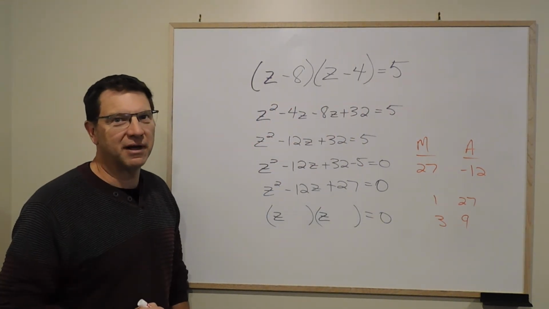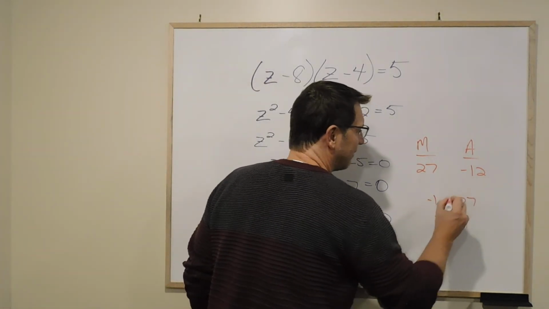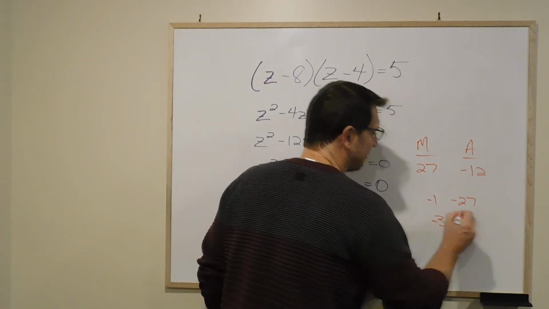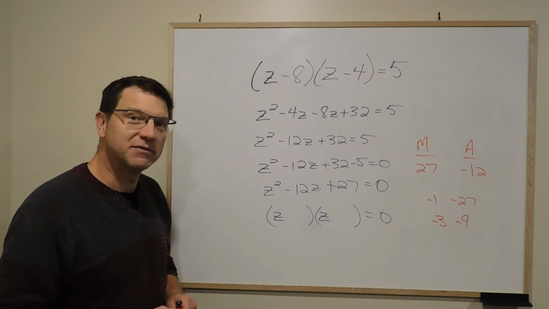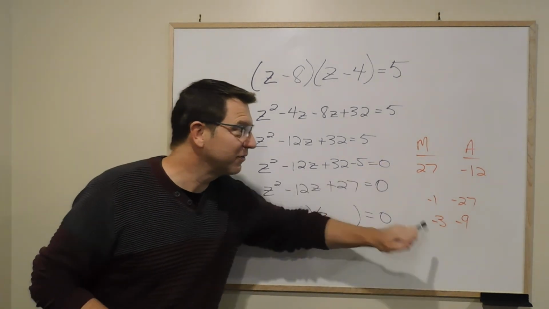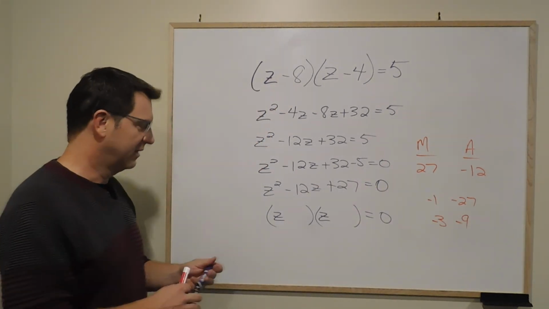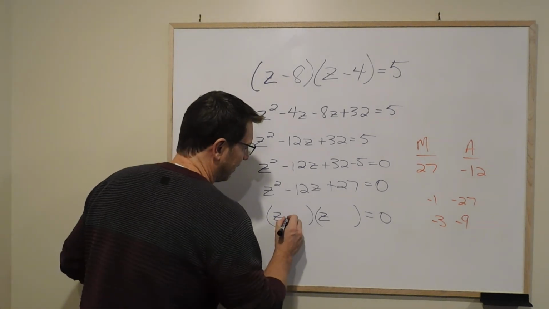Neither one of them add up to negative 12, but there are some other options. Negative 1 times negative 27 is also positive 27, and negative 3 times negative 9 is also positive 27 when I multiply it. And you'll notice when you add them, negative 3 and negative 9 do add up to negative 12. So I can use negative 3 and negative 9.